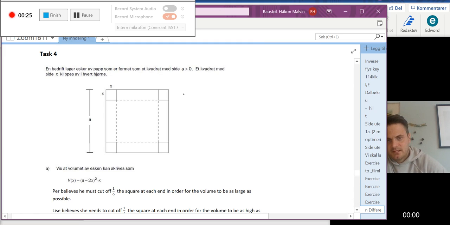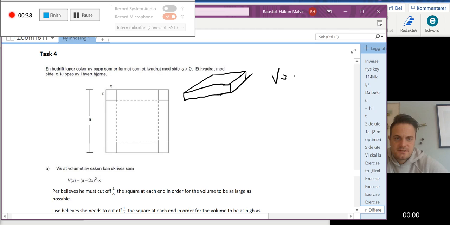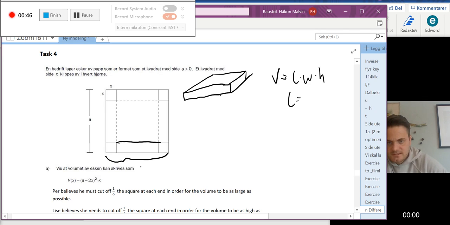If you cut it out, like we've seen in class, we get a box like this. The volume of such a box is length times width times height. The length here is this, and remember this is A, says the exercise, and we cut out X on each side, so this will be A minus 2X.